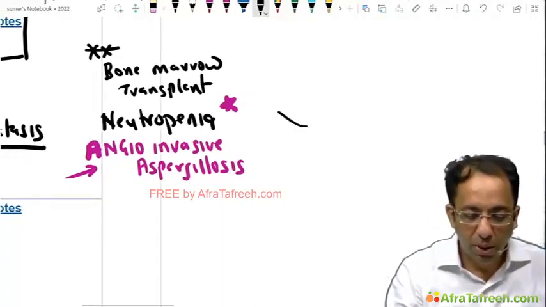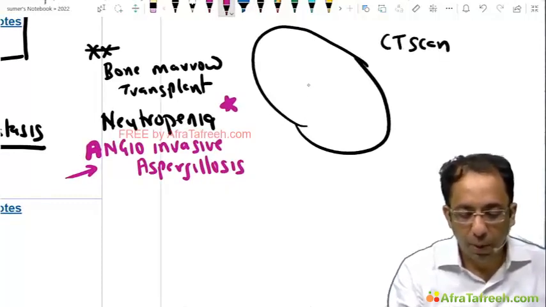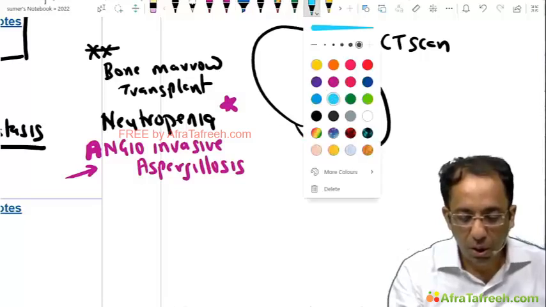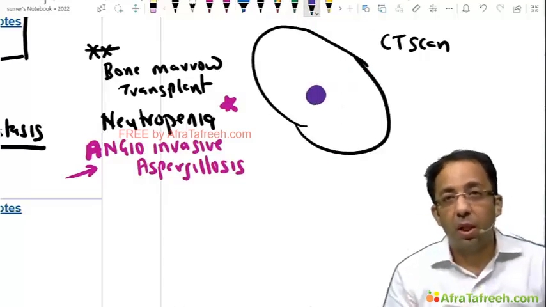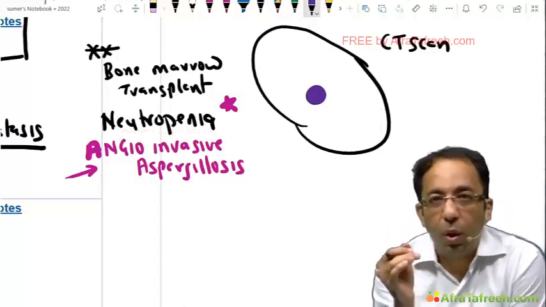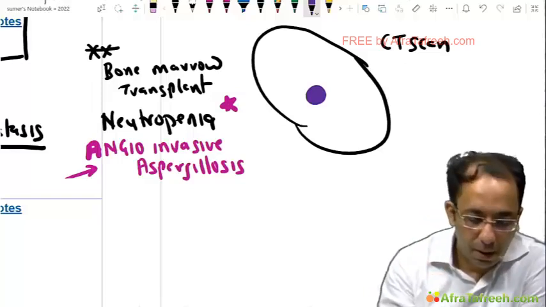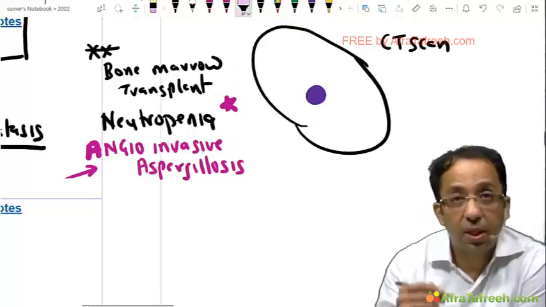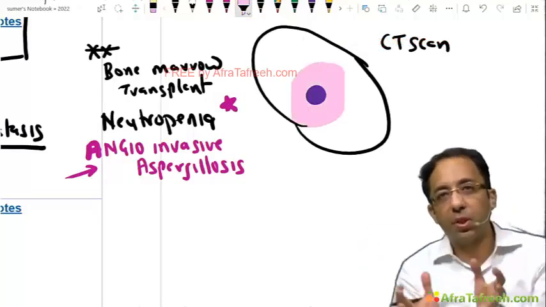So when we look at a CT scan of the patient, aspergillus infection will cause consolidation because of the infection. But this infection will also invade the surrounding blood vessels. Because it invades the surrounding blood vessels, surrounding it you will have hemorrhage.